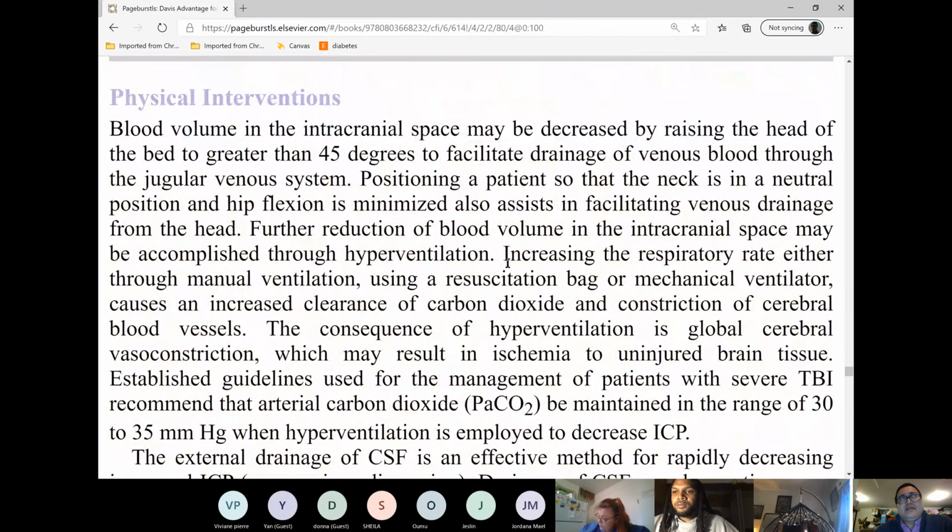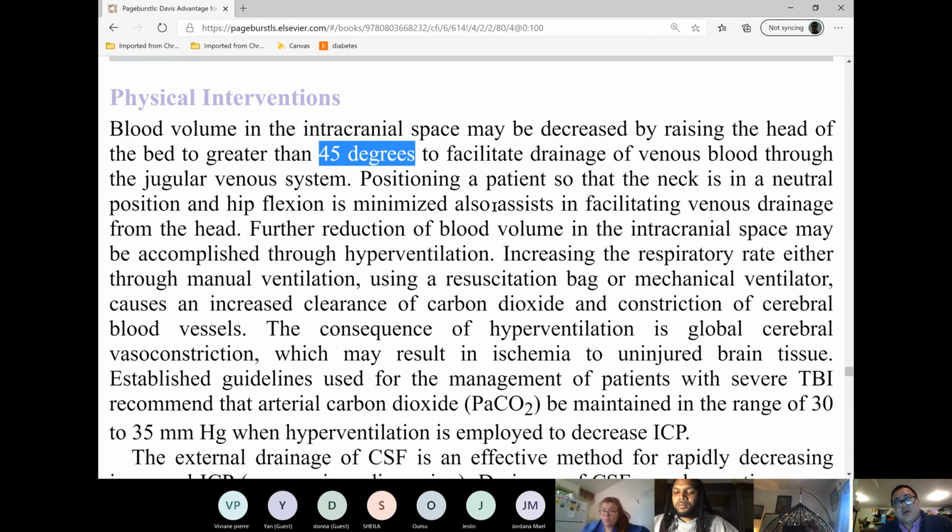Okay, besides the hypertonic saline or mannitol, here are some of your interventions. Things you can do to decrease ICP: do not elevate the head of the bed higher than 45 degrees. Doing so increases the chance of increasing ICP because you will now increase intrathoracic pressure.